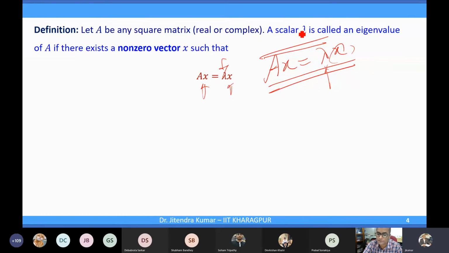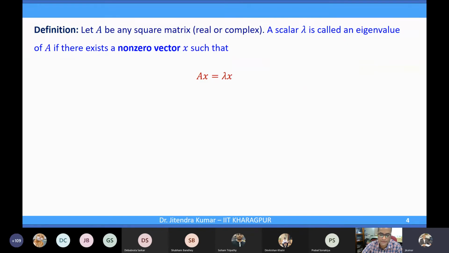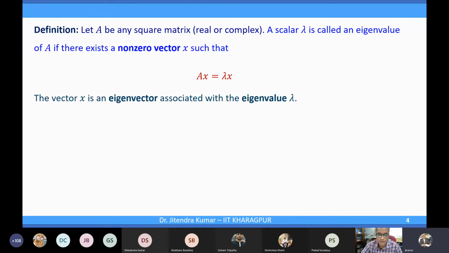This lambda is called an eigenvalue of A, and x is called the eigenvector corresponding to this eigenvalue of A. The vector x is an eigenvector associated with the eigenvalue lambda, because there might be several possibilities to have different lambdas, and then correspondingly the x will be different.